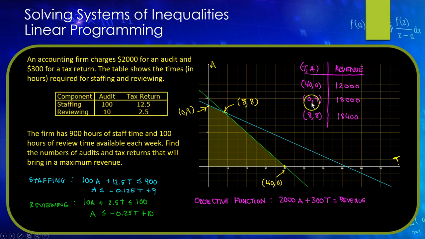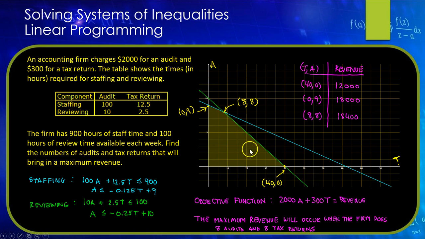If I do all audits, 9 audits and no tax returns, I'd end up with $18,000. And if I were to do 8 of each, I would end up with $18,400. So obviously that is the maximum revenue. The maximum revenue will occur when the firm does 8 audits and 8 tax returns.